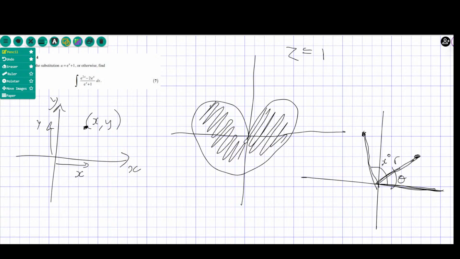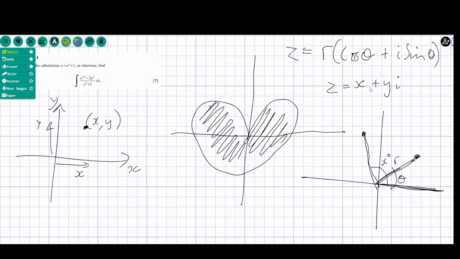I don't know, some sort of cosine theta plus i sine theta. This would be a general form for a number like this, right? For a complex number, and this would be modulus argument form if the complex number z could be written like this.